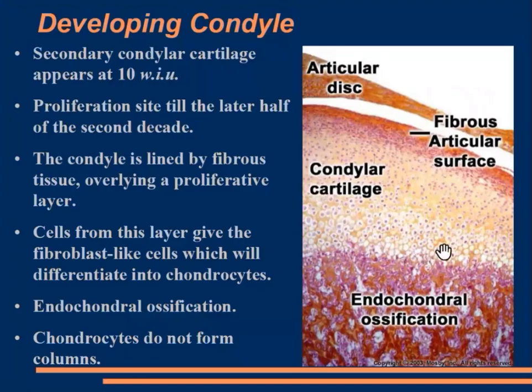Chiefly, the chondrocytes in the deep part here will synthesize types of collagen and extracellular matrix, and will undergo endochondral ossification. In brief, the endochondral ossification process is mineralization of the cartilage matrix and subsequent apoptosis of the hypertrophic chondrocytes that are present here.